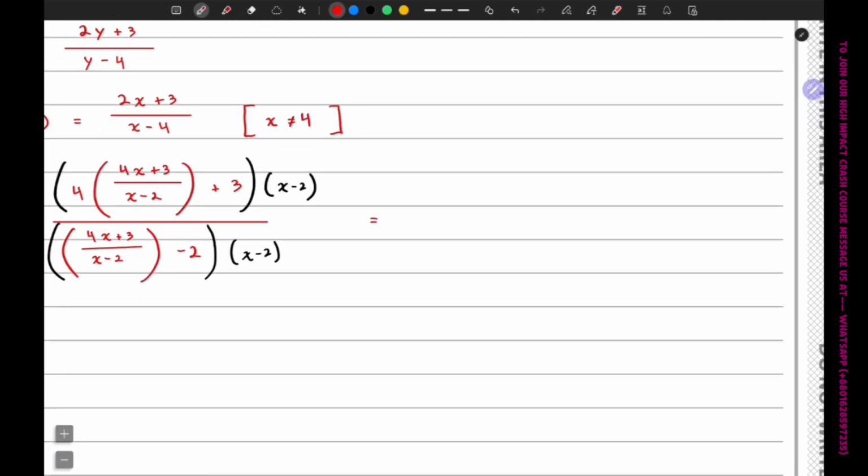So this will be equal to 4 times 4x plus 3 plus 3 times x minus 2, divided by 4x plus 3 minus 2 times x minus 2.